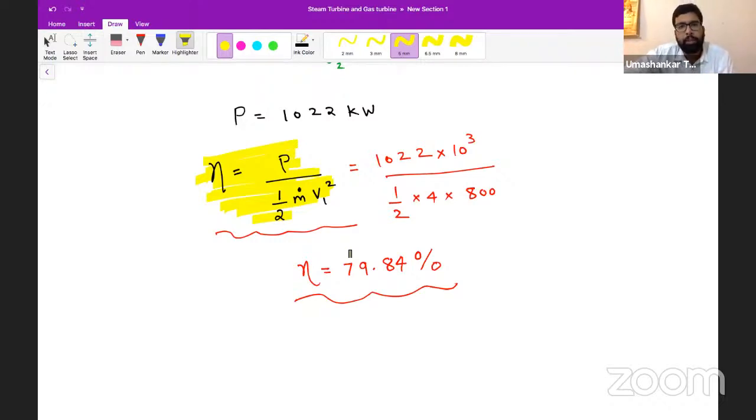So with this, we have completed the impulse turbine part. In impulse turbine, as I said, we have analyzed the nozzle separately, and now we have analyzed the moving blade. Open channel flow is not in the GATE syllabus of mechanical engineering.